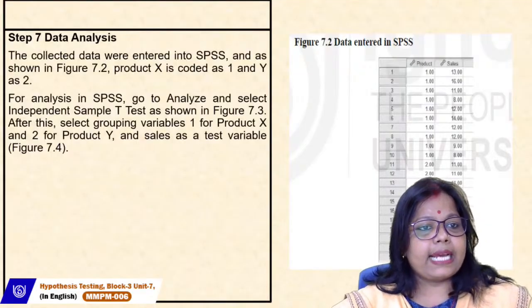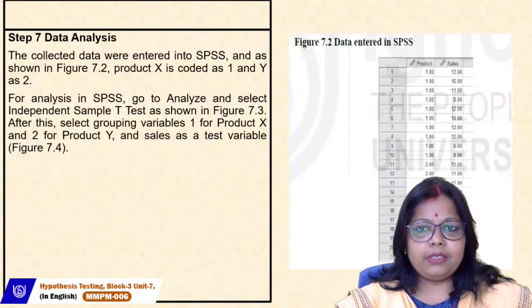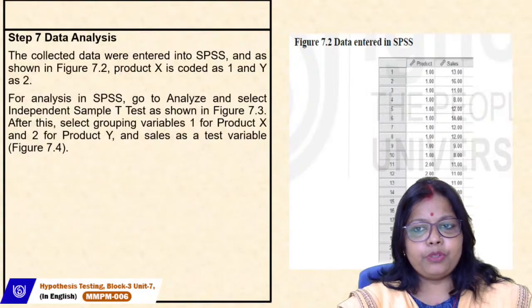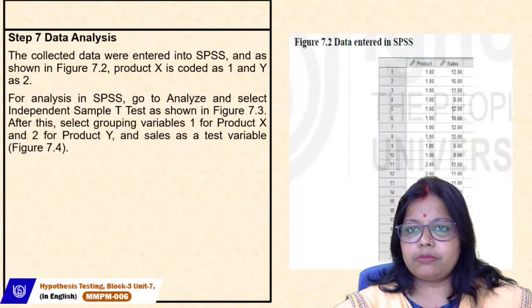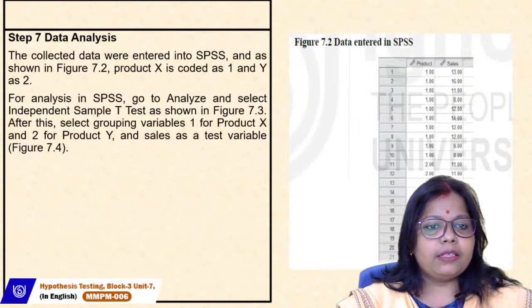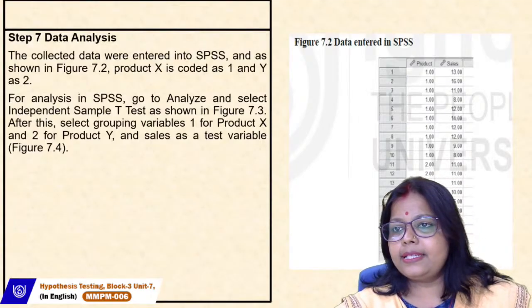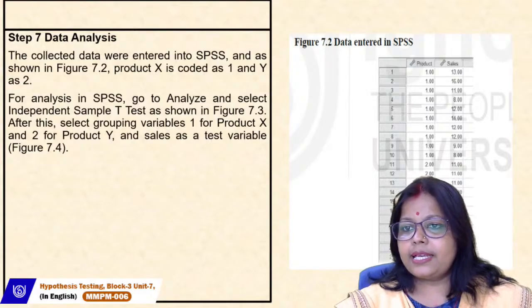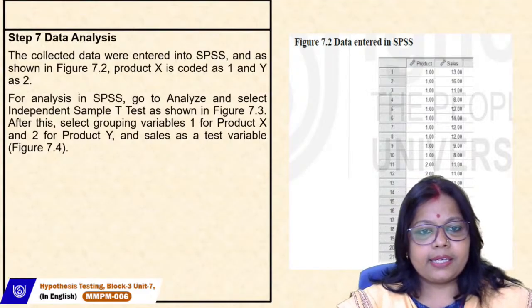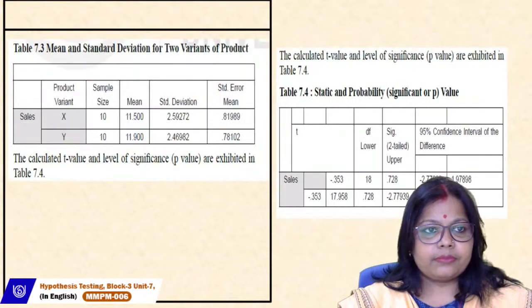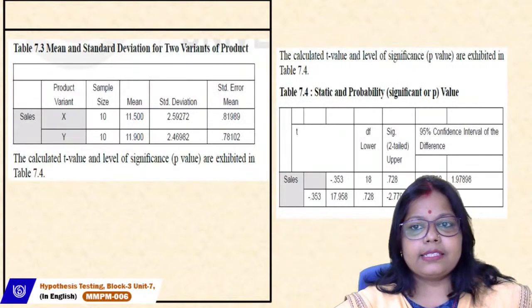Then we came to our data analysis. After collection of the data, we put this data into the software SPSS package. Here we can see product X, the sales, and the 15 days of data. Then we take the analysis.